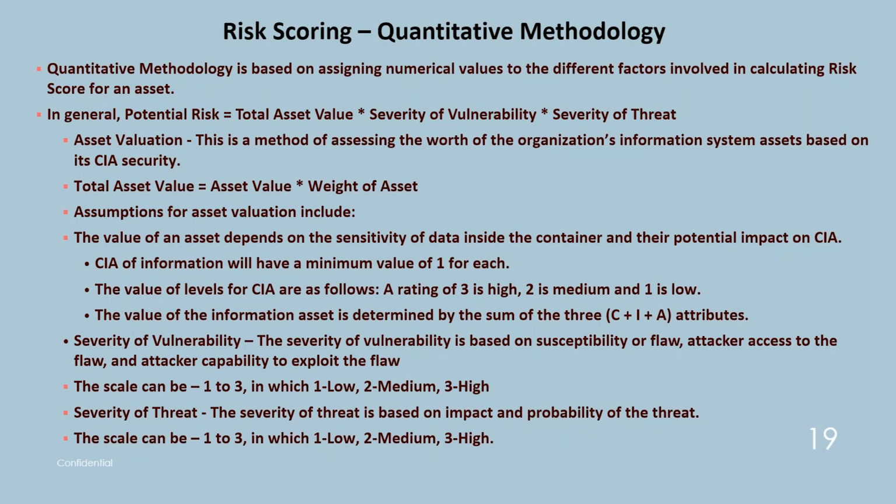So each of these factors, C, I, A, can be graded on a scale of 1 to 3. The value is a combination of C plus I plus A, and then severity is on a scale of 1 to 3, the severity of vulnerability.